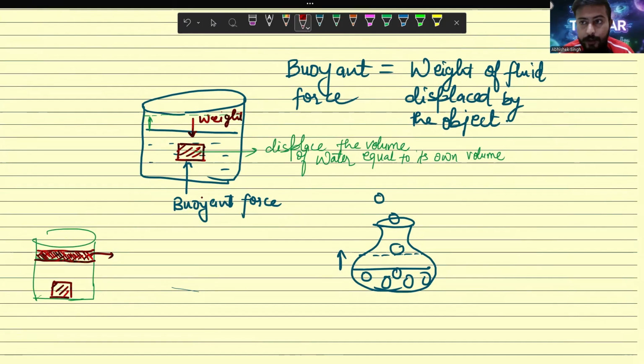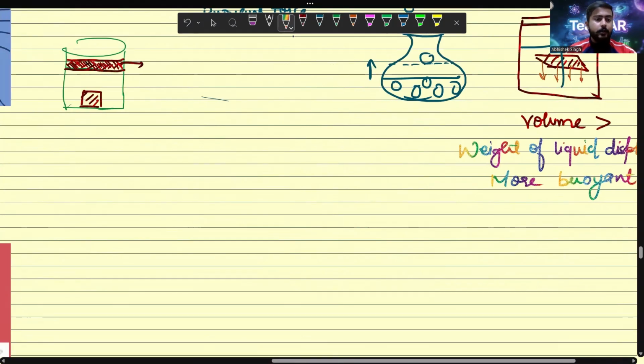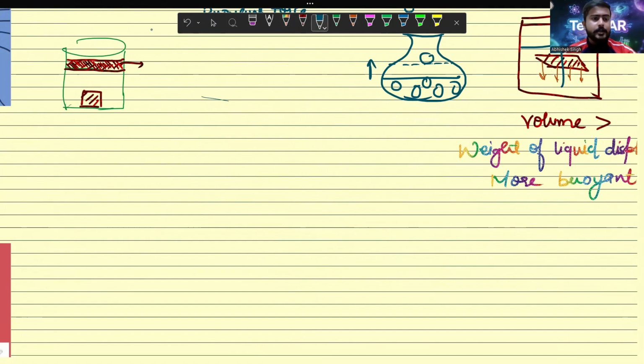Suppose I take the same example. This is a piece of solid. It has a volume of 200 centimeter cube. So how much volume of water will it displace?